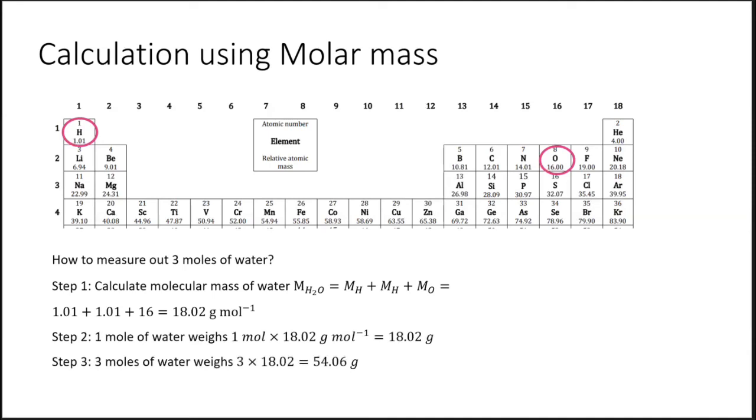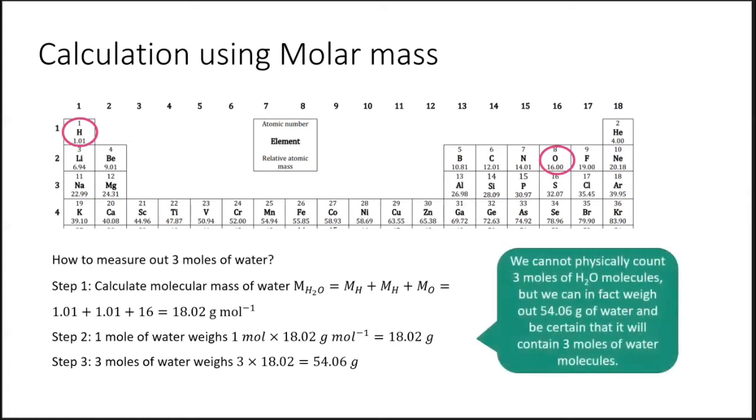That means if we are standing there bartending, we weigh out 54.06 grams of water. That's 3 moles of water. Okay, so as you can see, we cannot physically count 3 moles of water molecules, but we can in fact weigh out 54.06 grams of water and be certain that it will contain 3 moles of water molecules.